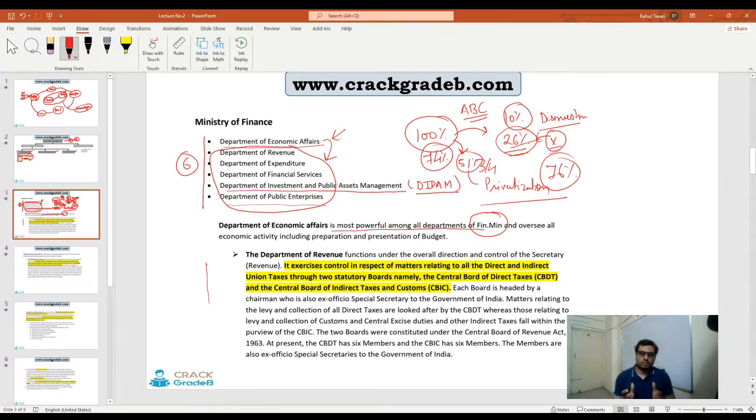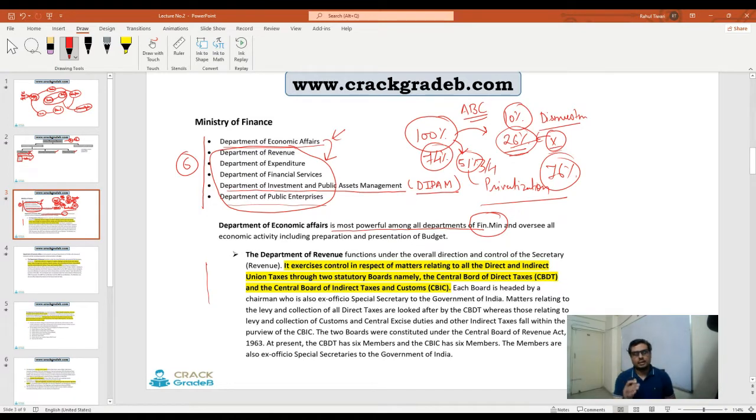So the person holding this post is a very important person. Maybe they are going to ask, not only in RBI Grade B or some other exam, who is the present chief economic advisor, like who is this person. Maybe person X is heading the Department of Economic Affairs, and they can ask this person is associated with which of the following departments or ministries, then you have to answer.